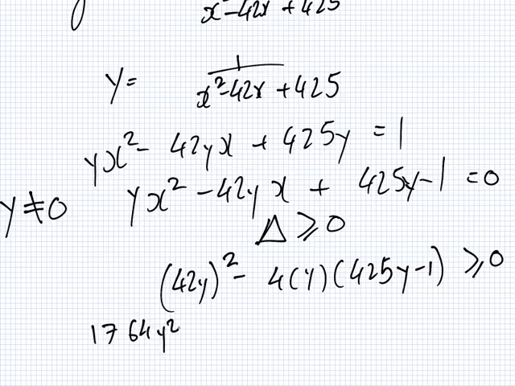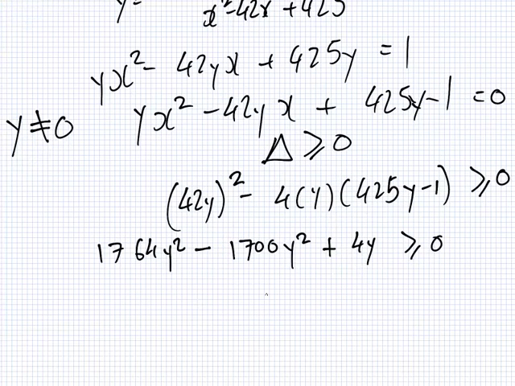And 425 times 4, please. That's going to be 1700. And then finally minus plus 4y bigger than or equal to 0. That's just going to be 64, isn't it? Nice, because now I can divide by 4.